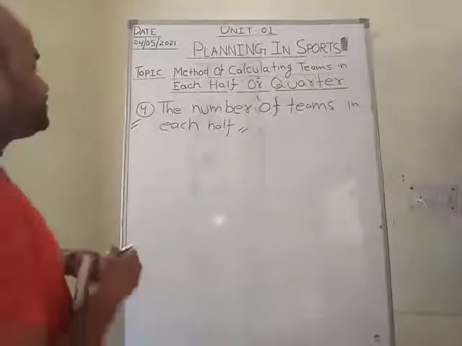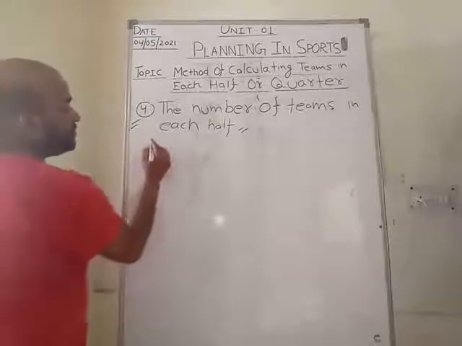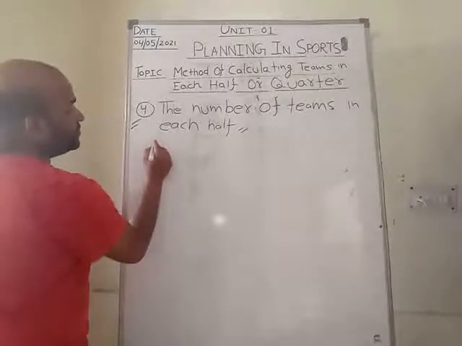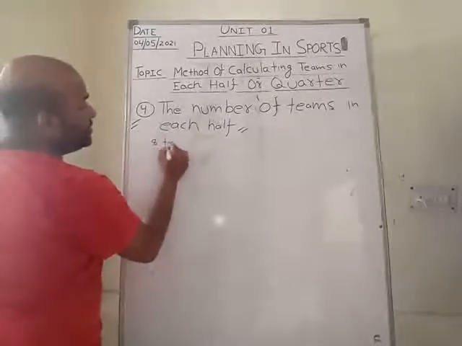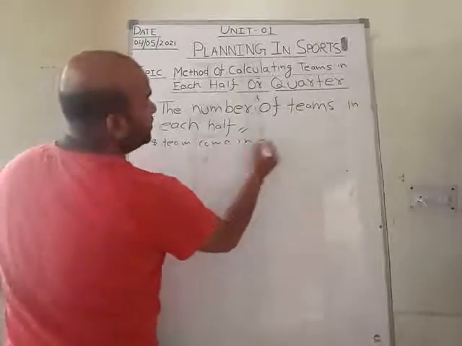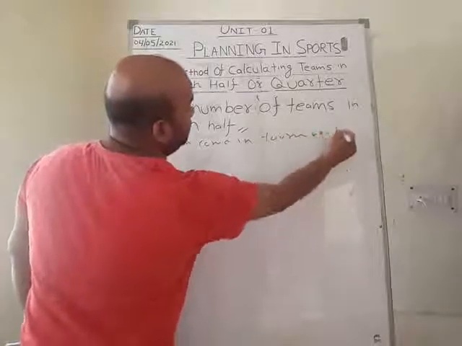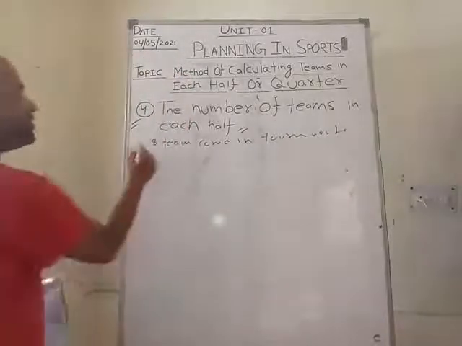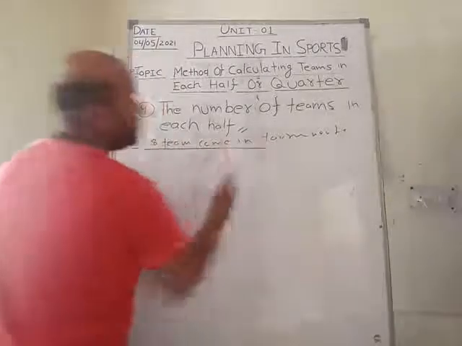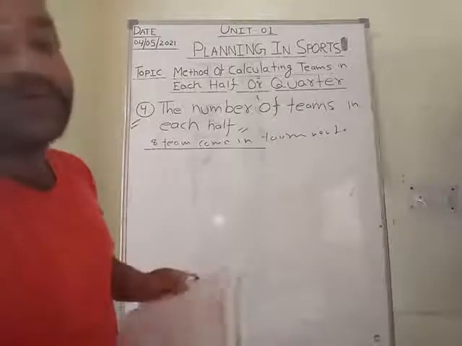Suppose 8 teams come in the tournament. How do we make the fixtures in each half?